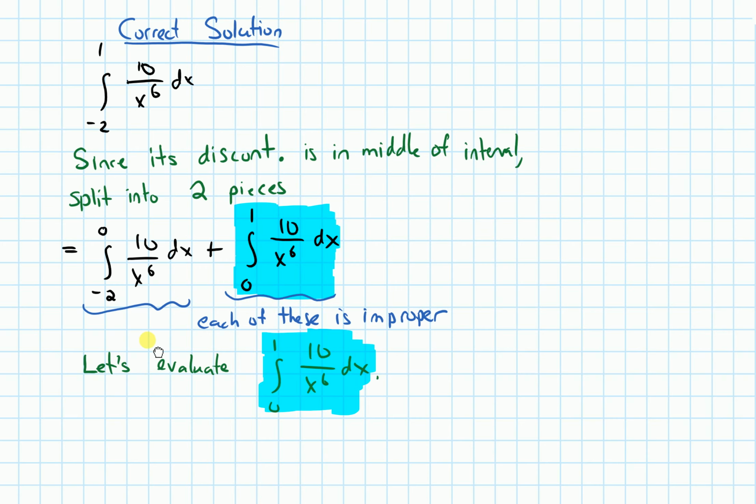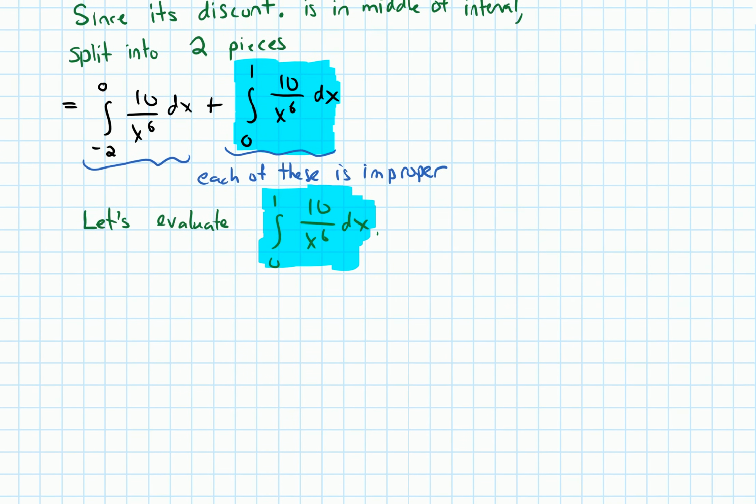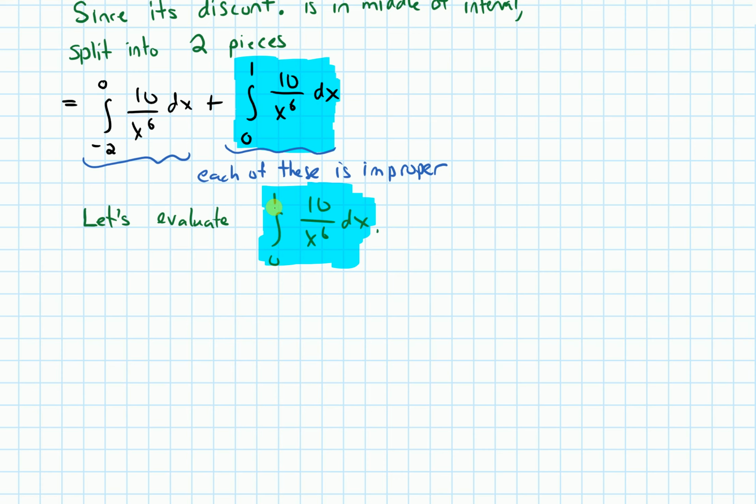Okay, so we need to evaluate this integral. So I'm going to replace the discontinuity point, which is 0, with t. So I'll get the integral from t to 1 of 10 over x to the 6th dx. And I need to take a limit. So the limit as t is approaching, should it be from the left or from the right?